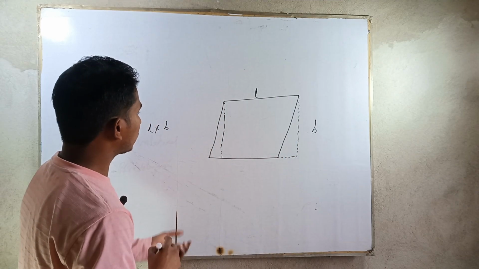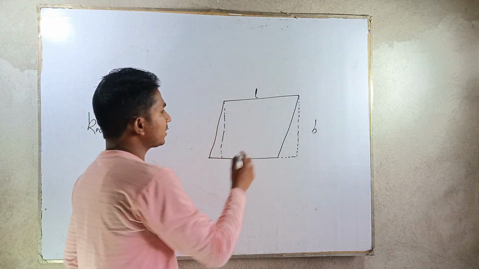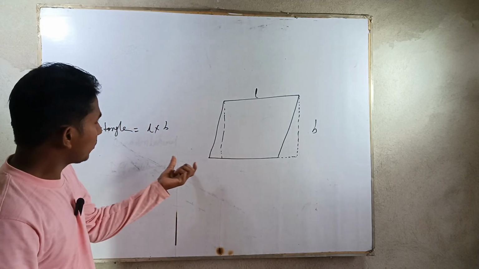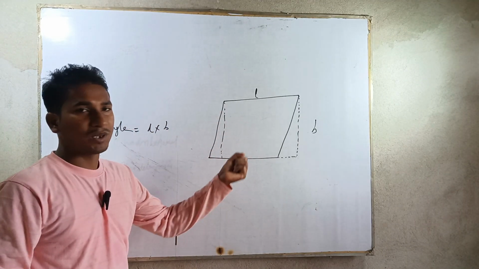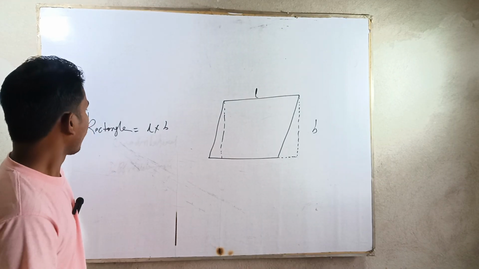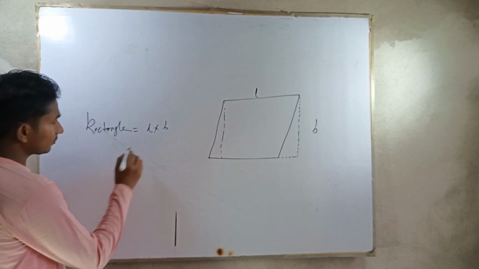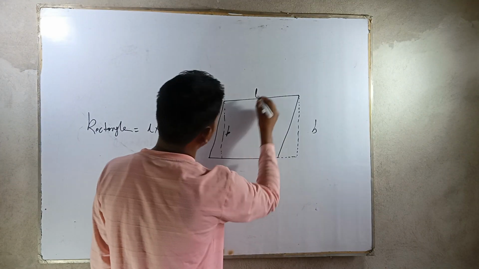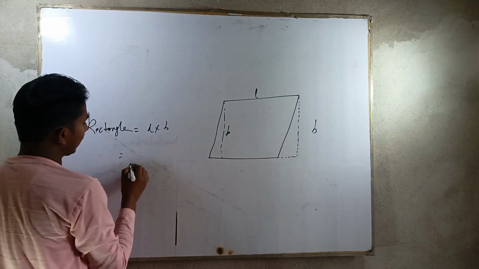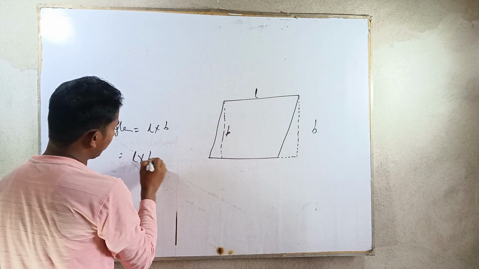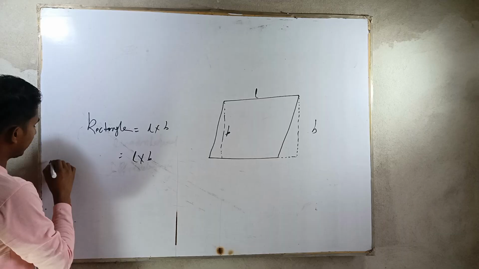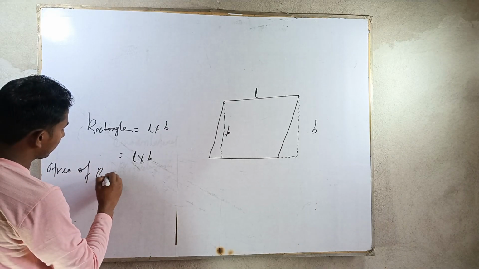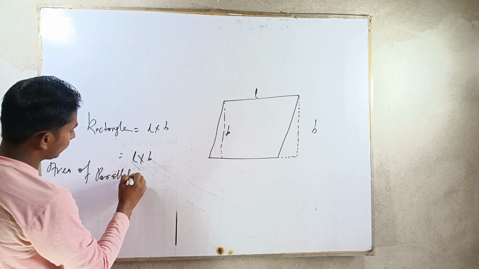By the same process, if I assume it is a rectangle, the same as we find a rectangle's area, I will find out the parallelogram's area. Suppose this one is B and this one is L, I will multiply L into B. So it is called the area of a parallelogram.